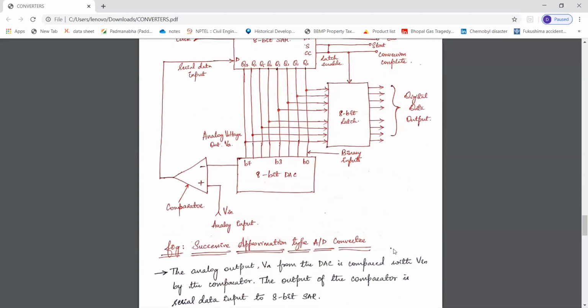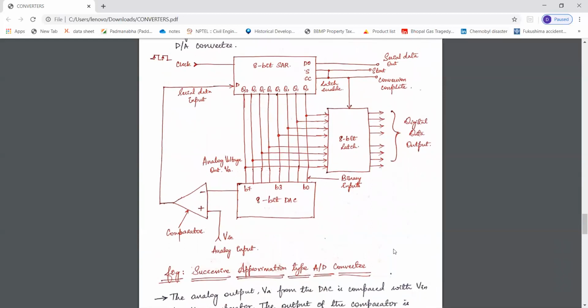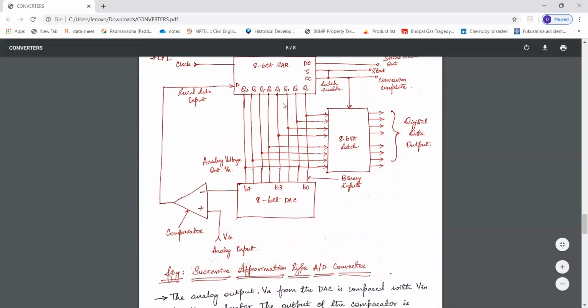So first, to start off the conversion cycle, this SAR will set this start signal to high, and it will first set the most significant bit, that is MSB, to 1. Okay, and this DAC will give me the equivalent analog voltage VA, and this is compared with the input voltage.